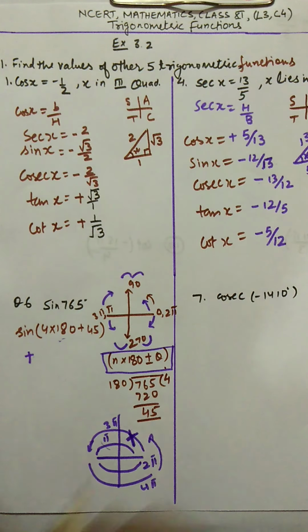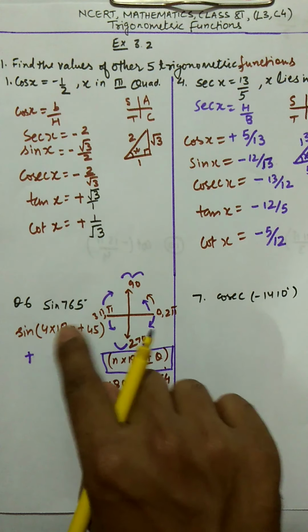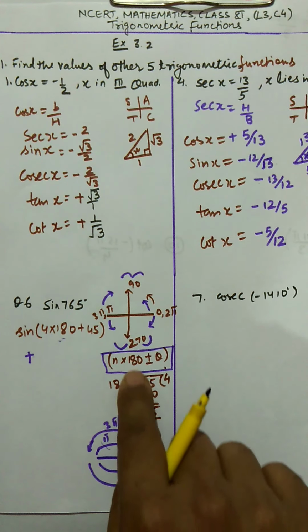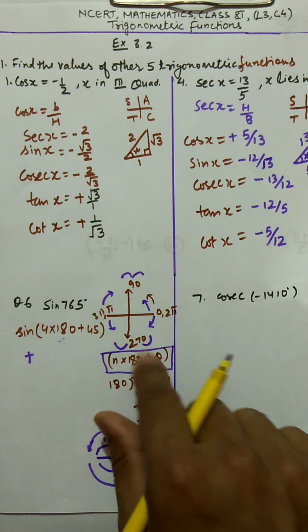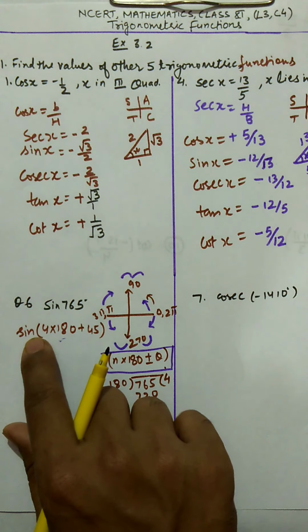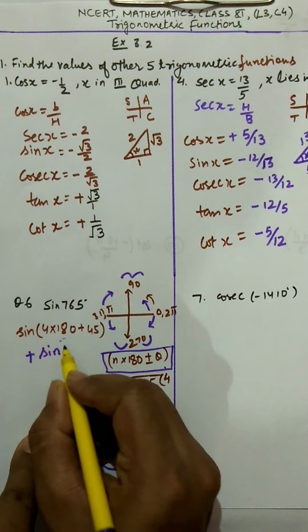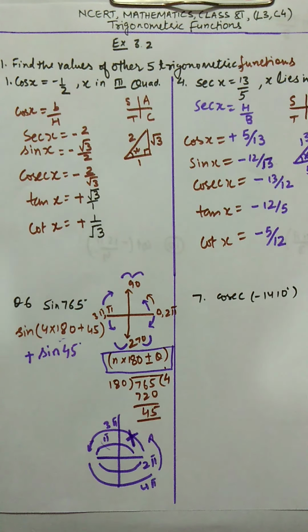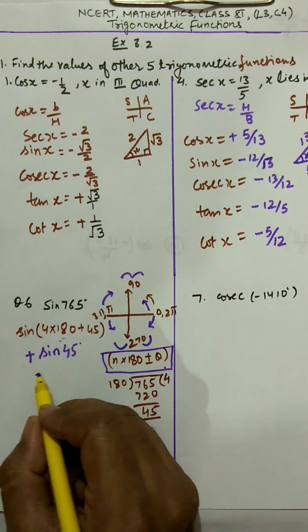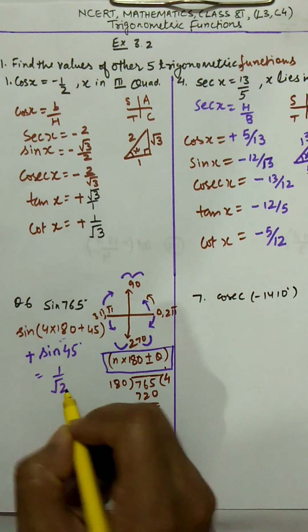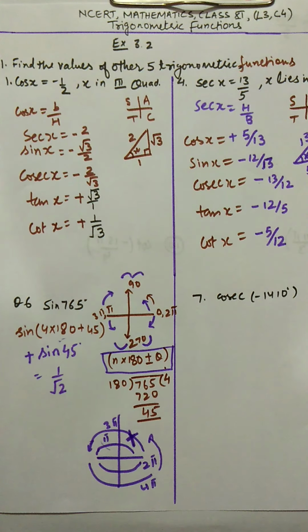Second, your function will never change if you use that base 180 plus or minus something. So your sine function is not going to change. So you are writing now sine 45, and sine 45 is 1 upon root 2. So that is the value of sine 765 degree.